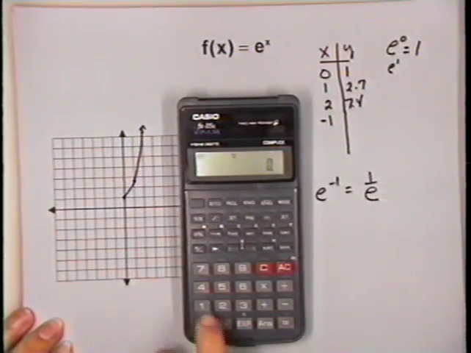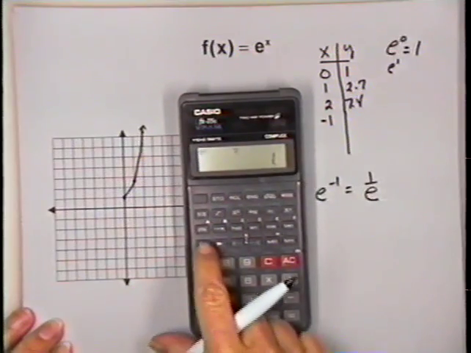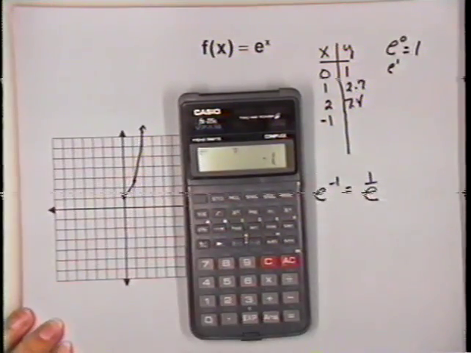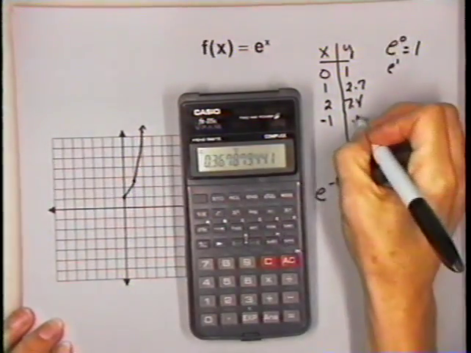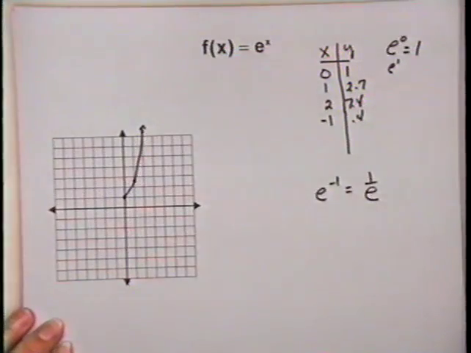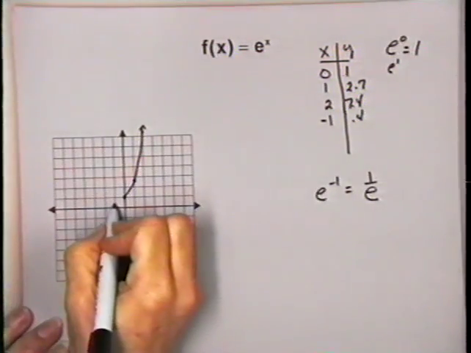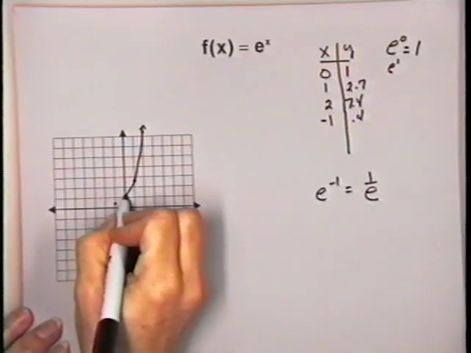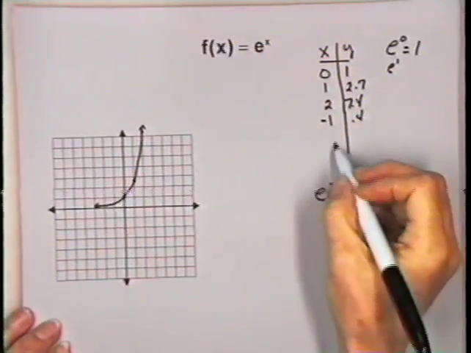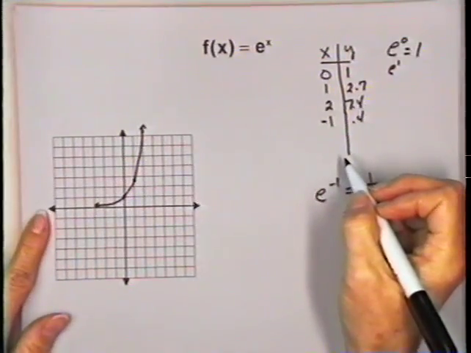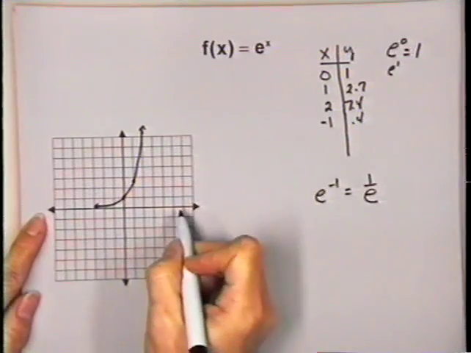Now I can do that on my calculator by putting in my 1 and using my plus minus key to change it to a negative 1, and now I'm going to hit equal to complete that. So you'll see we're getting about 0.4. So I'm going to write down about 0.4, which is going to be a little bit below 1/2. Now if you continue picking values, you're going to find that again, as you pick these negatives more out this direction, you're going to have an asymptote here.